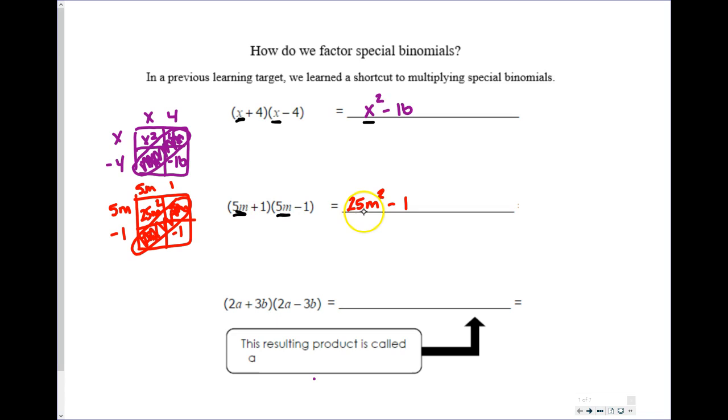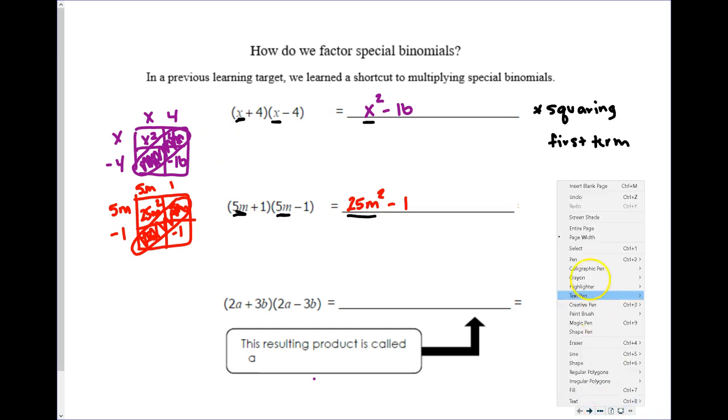It becomes 25m squared. So really what you're doing is you're squaring the first term. 5 squared is 25, m squared is m squared. Okay, so that's the pattern for the first term. You just square the whole thing.